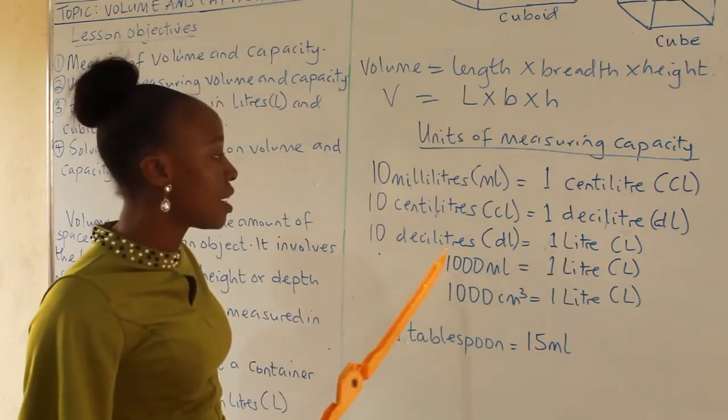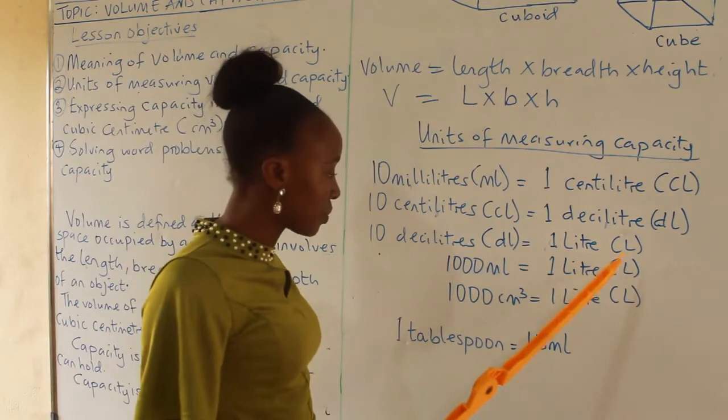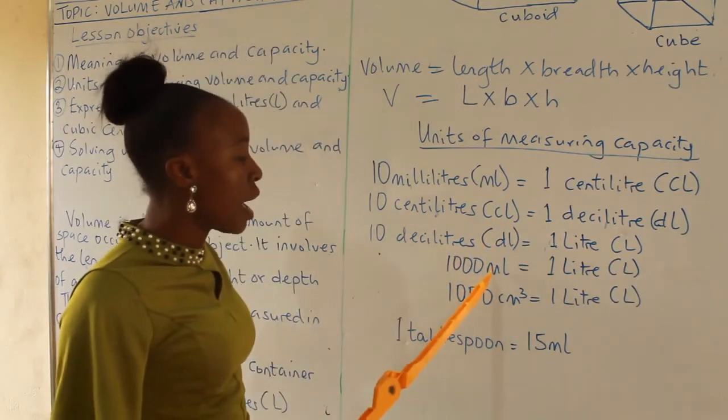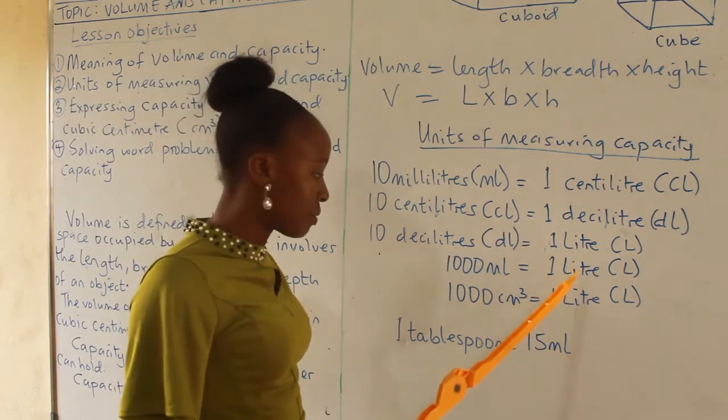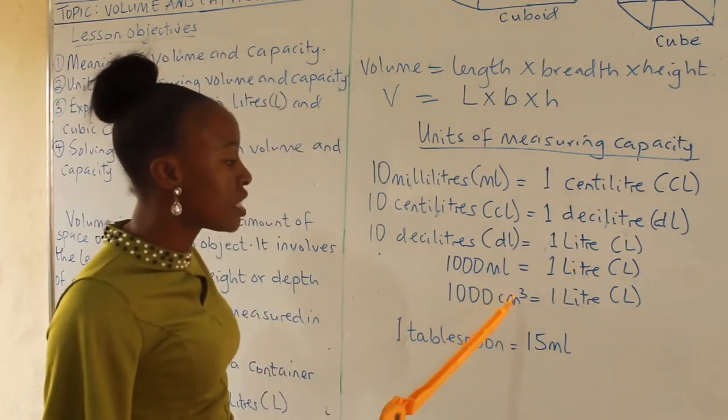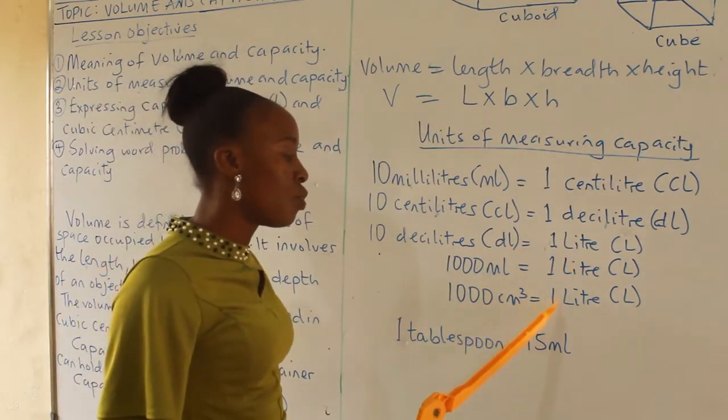And 10 deciliters equals 1 liter. 1000 milliliters equals 1 liter. And 1000 cm3 equals 1 liter.